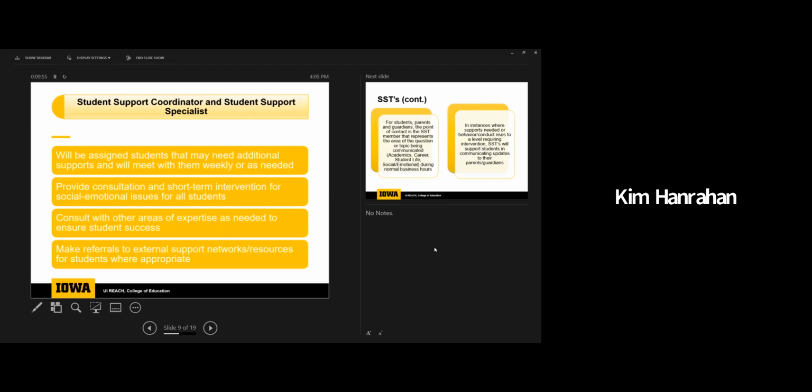So hopefully by the end of that first year, we've learned to understand a student and what their needs might be, and have established that so that they can get the supports they need to be successful throughout their time here.